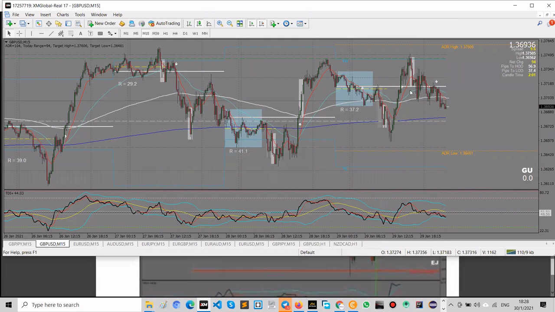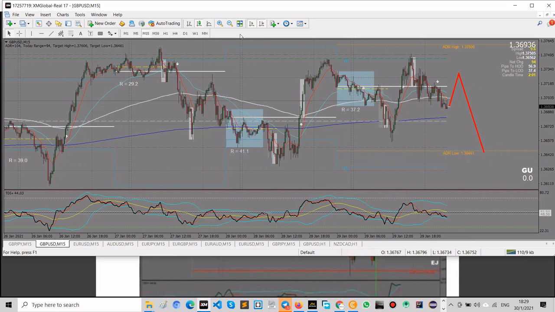It's this orange right there before it's hit. But once price gives such a move like this and shoots to the ADR right here, that's when it changes the color to red.